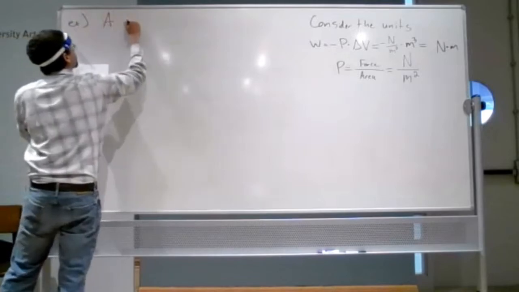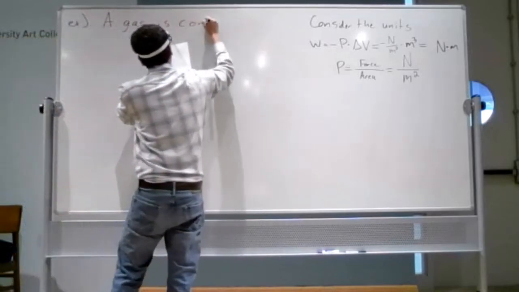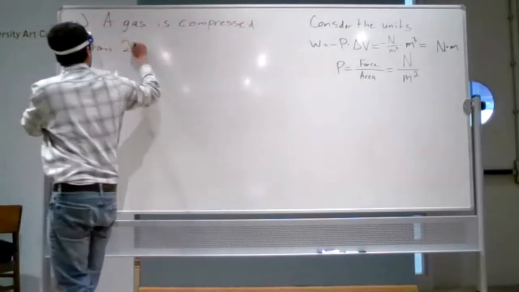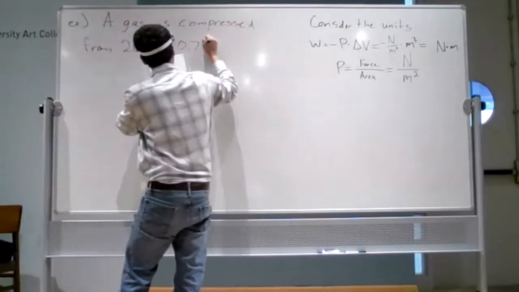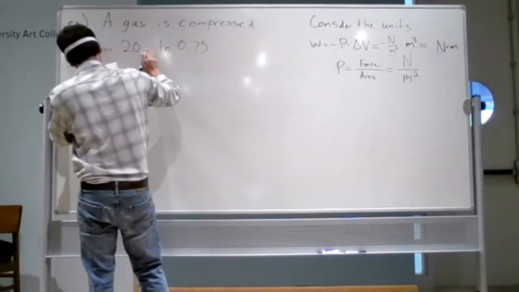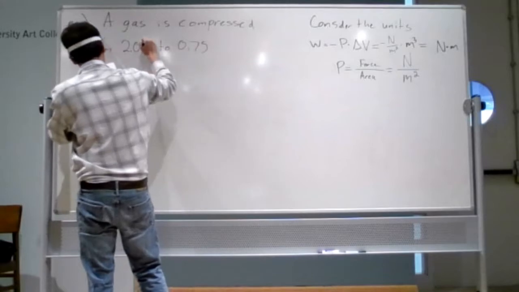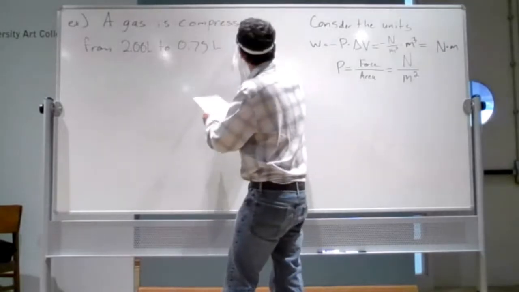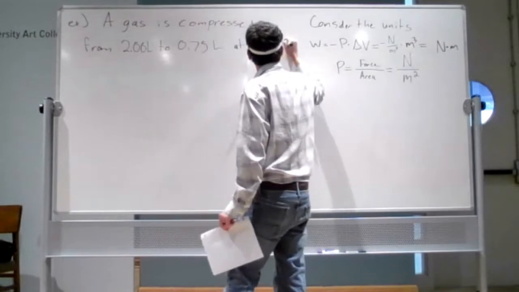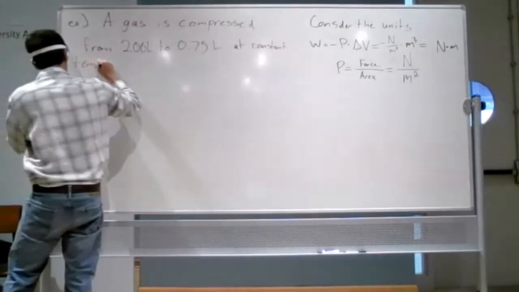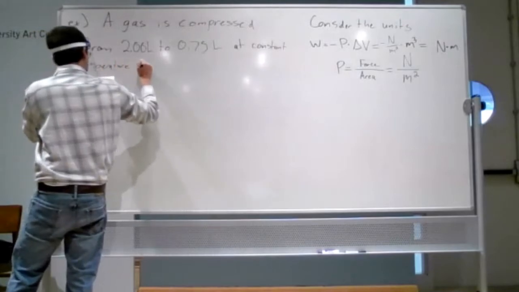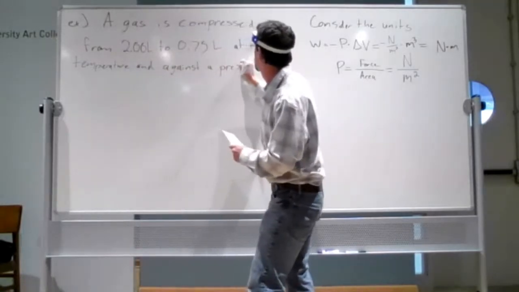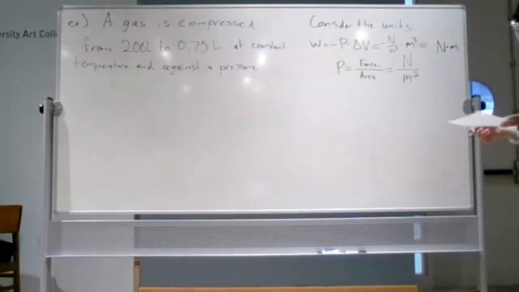Example: a gas is compressed from 2.0 liters to 0.75 liters at a constant temperature and against a pressure, what do we have as our pressure?